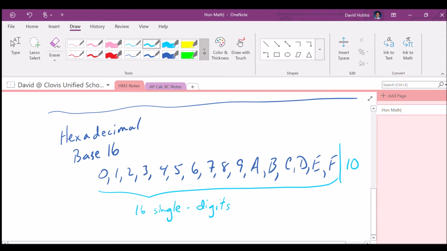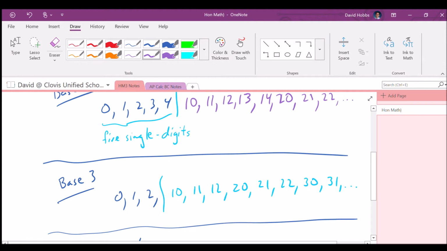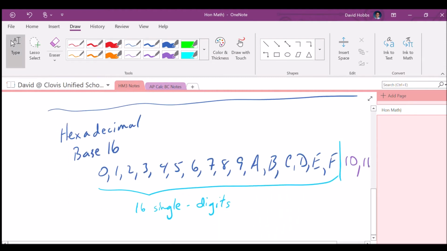I did the wrong color there, didn't I? 17, etc. I just went off the edge of my page, etc. Okay, so starting to get the idea just a little bit.